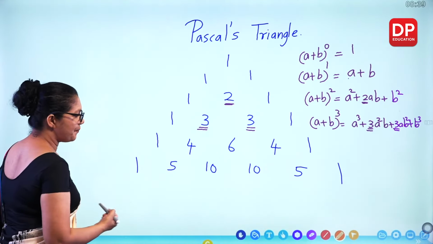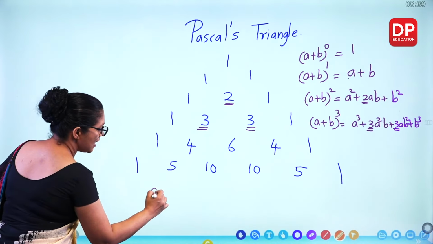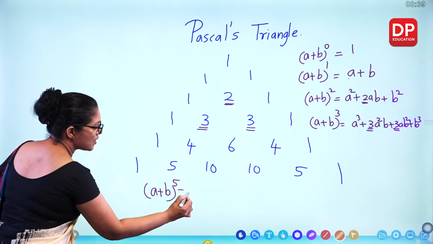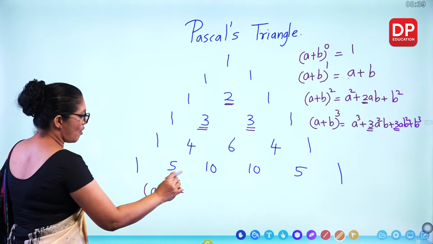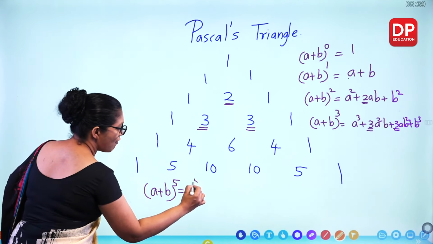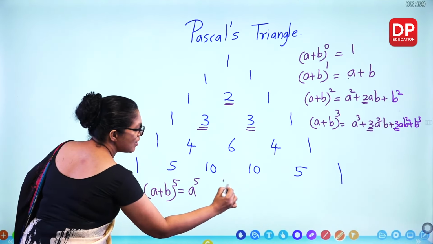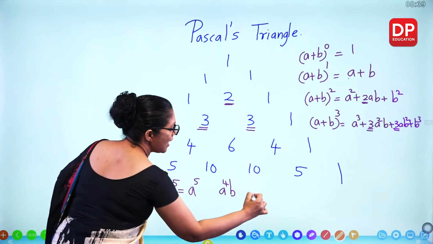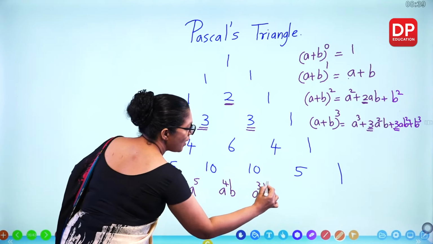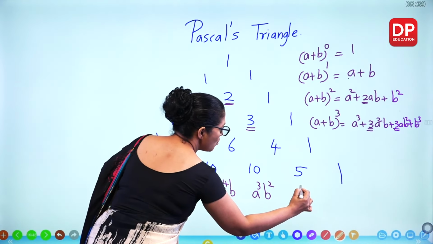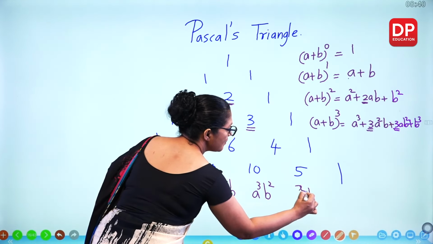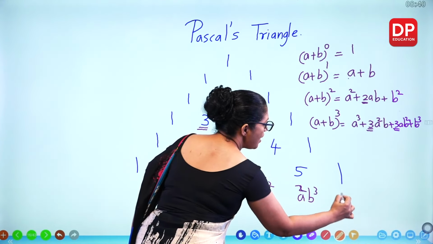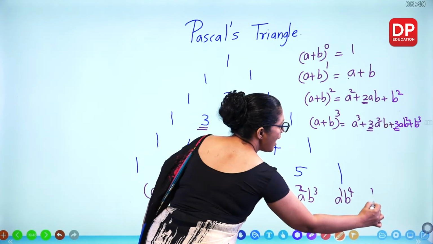Now if you want power 5, what's the pattern you are getting? According to this one, a plus b to the power 5 is what? You are getting first term a to the 5, second term reduces the power, a4b, a3b squared, a2b3, and a1, b4 and b5.